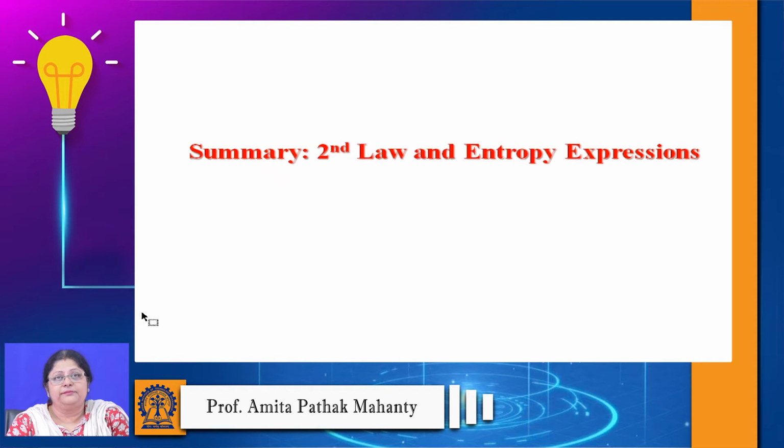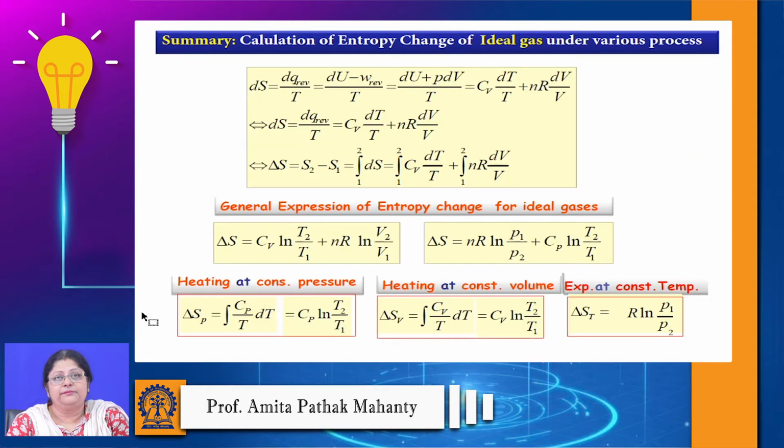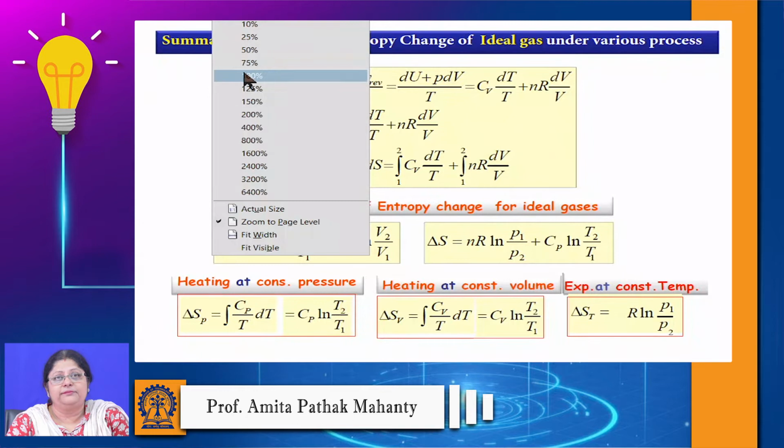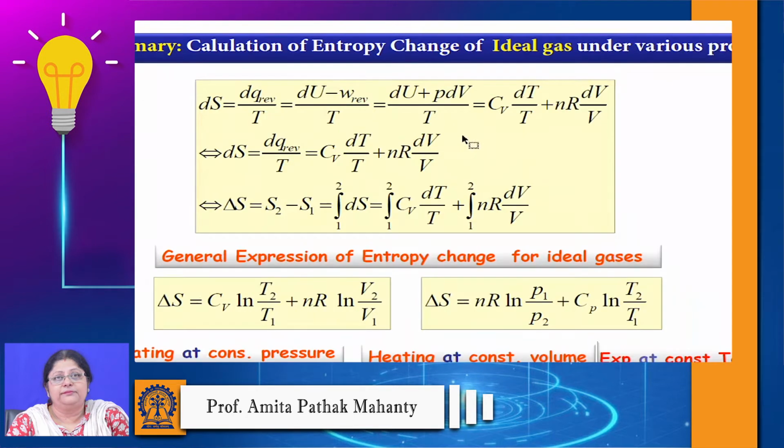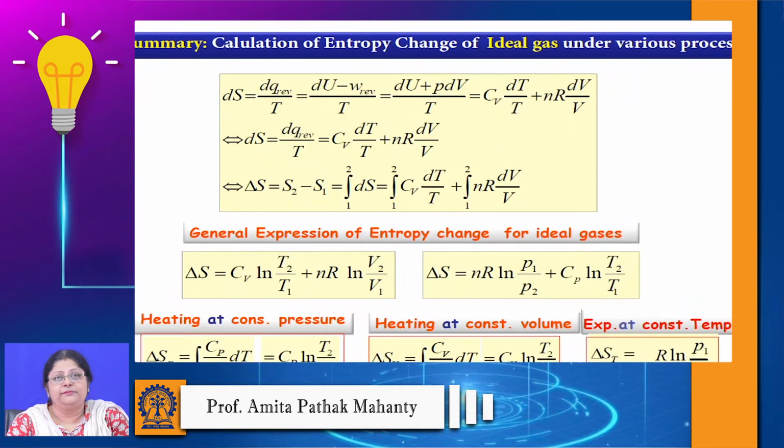In this PPT or PDF which I'm using, I have summarized all the expressions which we have discussed so far, and they are going to be there in the handout.